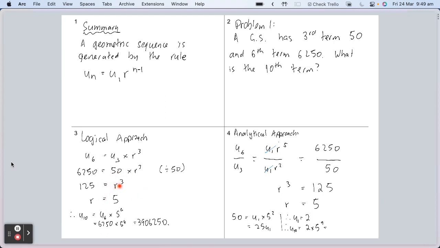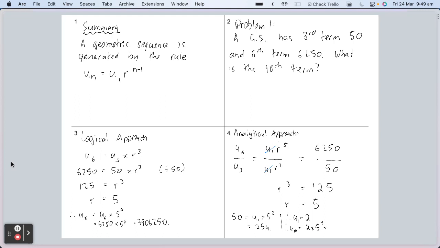If this happened to be R squared equals, say, 100, then R could be, with the information we've got, positive 10, or it could be negative 10. So remember, the size of R will generate the same number sequence, but if R is negative, it means every second number is positive, or every second number is negative, depending on how you see it.